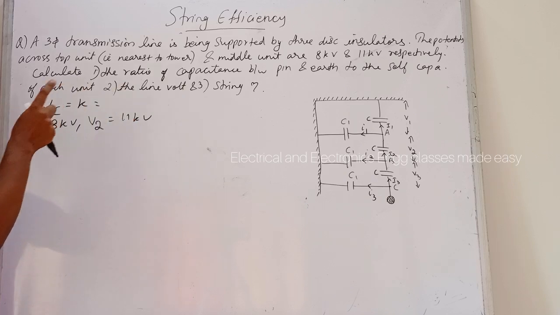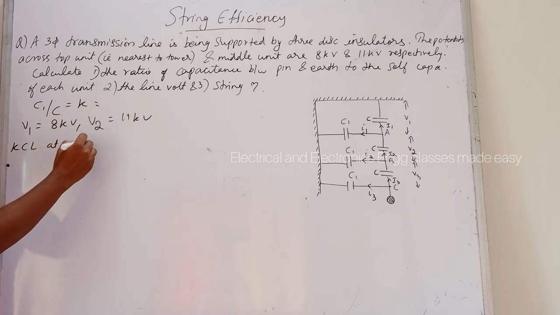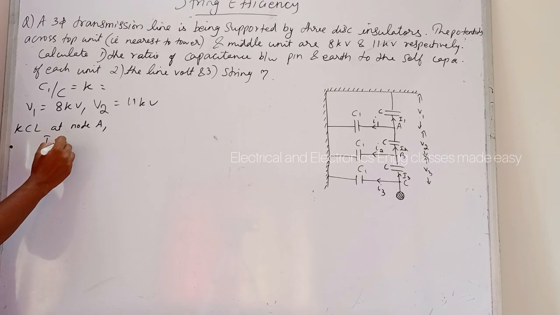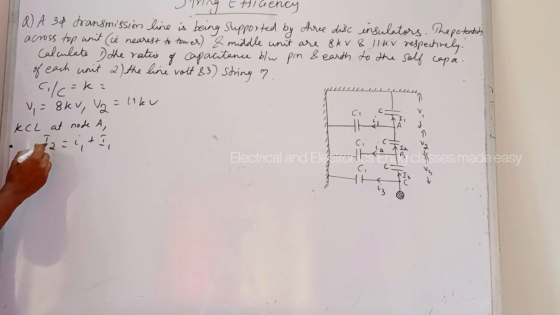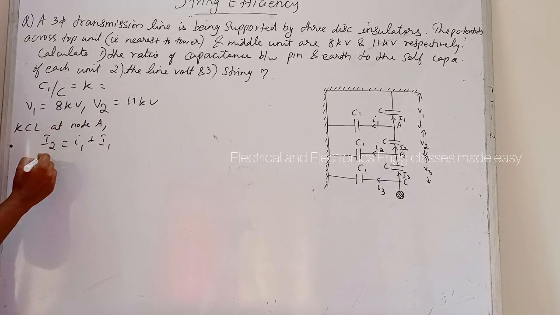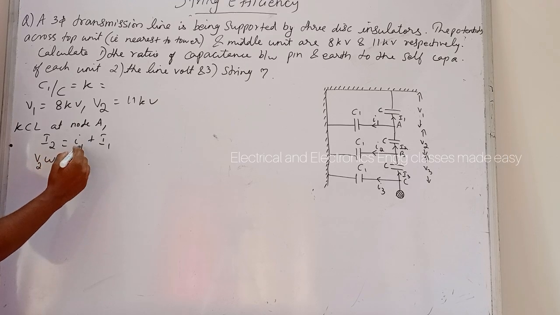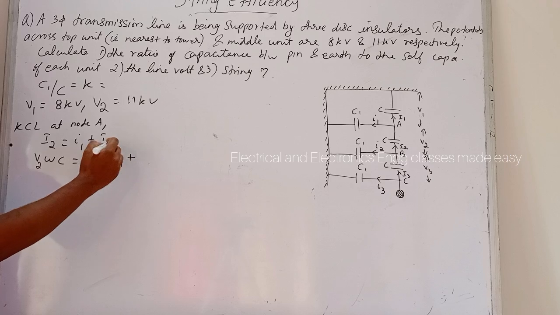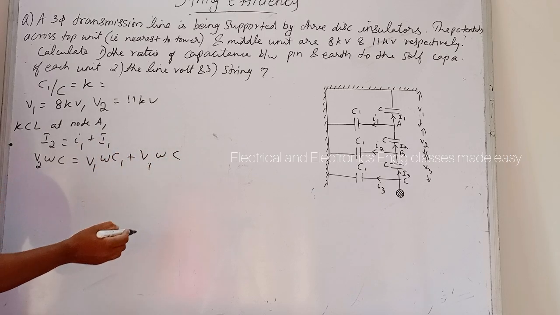Applying KCL at node A, I2 will be equal to I1 plus capital I1. So I2 is V2 into omega C, that is equal to I1, which is V1 omega C1, plus capital I1, which is V1 omega C.